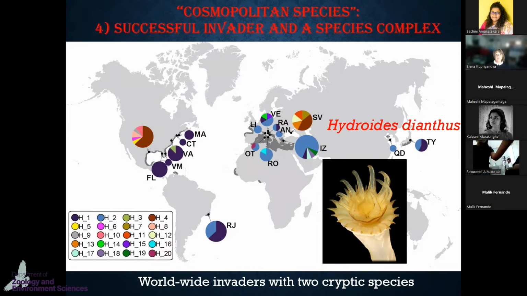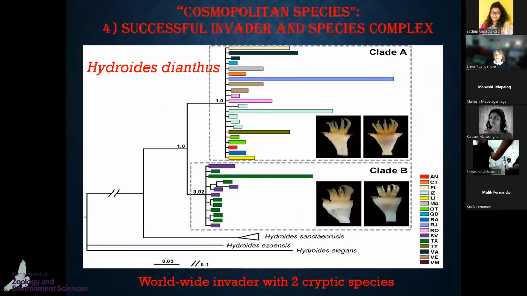However, it was introduced later to South America, Africa, all over Europe, the Mediterranean, and Japan and China. The genetic study that I personally conducted showed that there are 2 cryptic species, so this species is actually both a successful invader and a species complex.